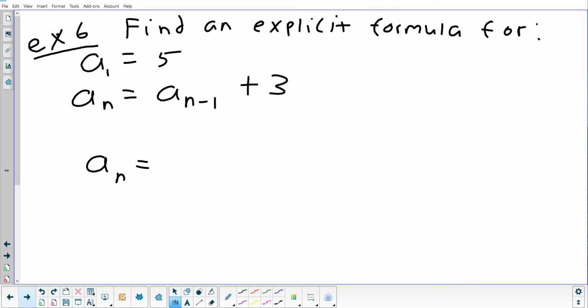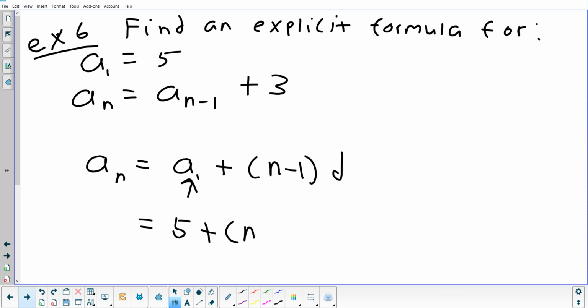Yep. a1 plus n minus 1 times d. There you go. Okay. What's going to go in for a sub 1? 5. That's a given. They have to give it to you. I didn't have it written down, but I had to. You need to know it. Plus n minus 1. And what's the common difference? 3. It's what you're adding each time.